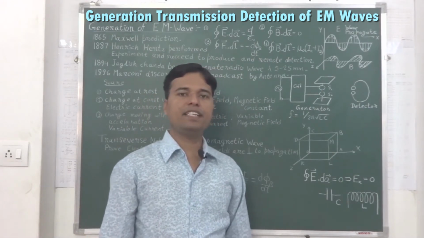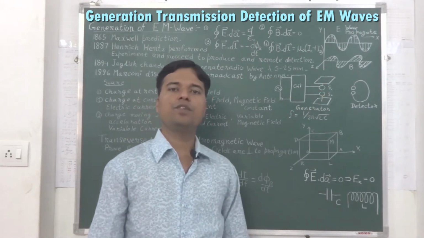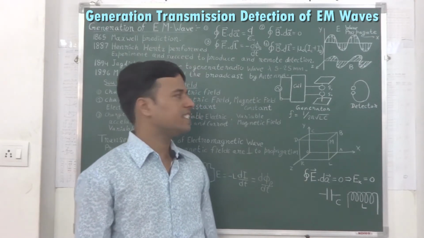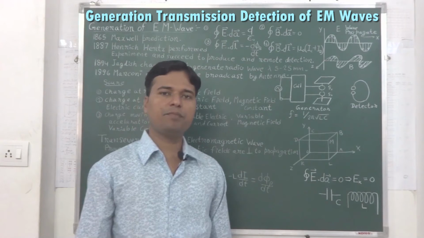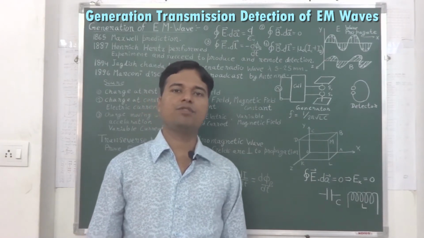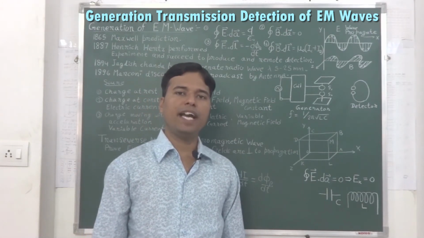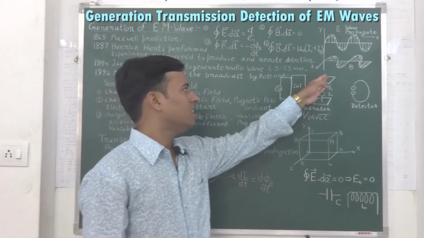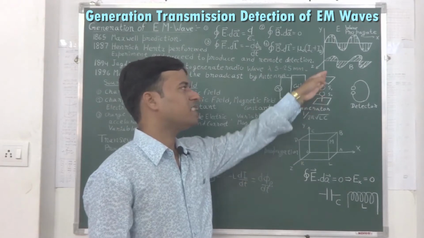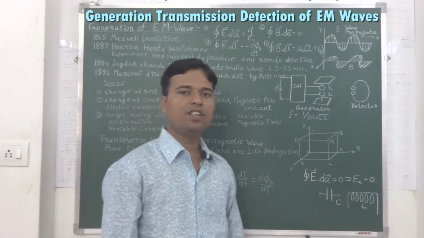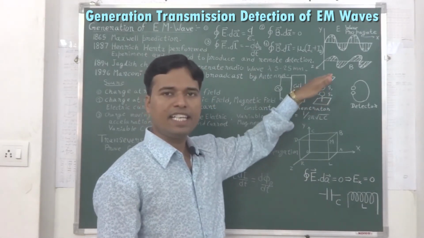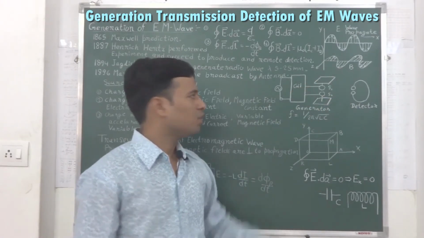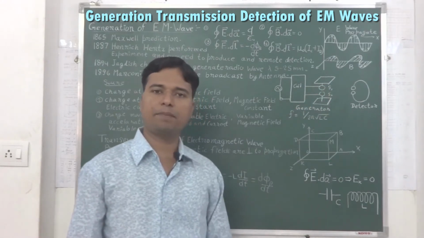The gap between these two spheres was very small, and it could not be observed by open eyes. These two spheres are then connected to different plates of a capacitor.